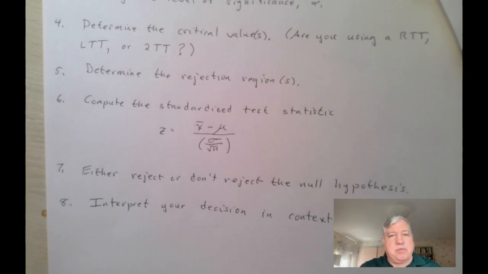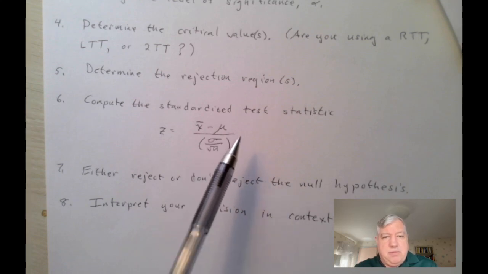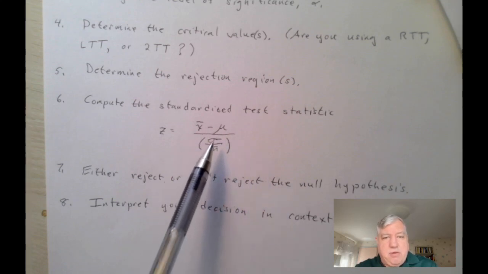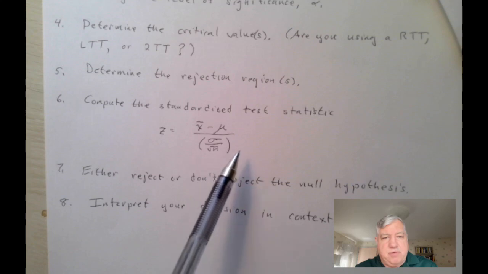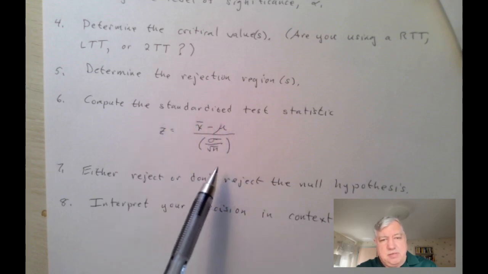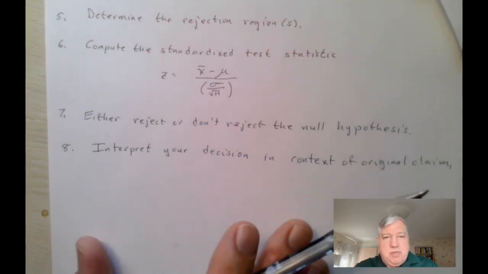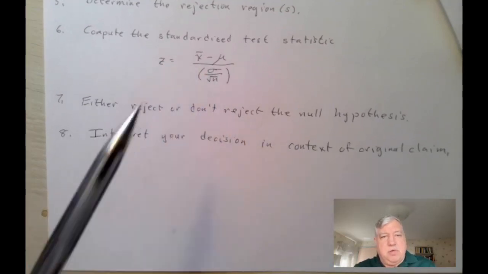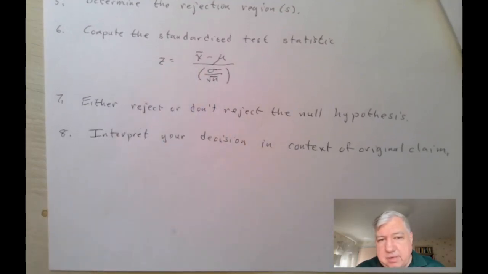Then you compute the standardized test statistic, which in this case is basically the z-score of your sample mean. We know that in this case, because sigma is known, the sample means are normally distributed, centered at mu, and the standard error of the mean is going to be sigma over square root of n. So this is your standardized test statistic. And then you'll determine, is this number in the rejection region or not? If it is, then you reject the null hypothesis.